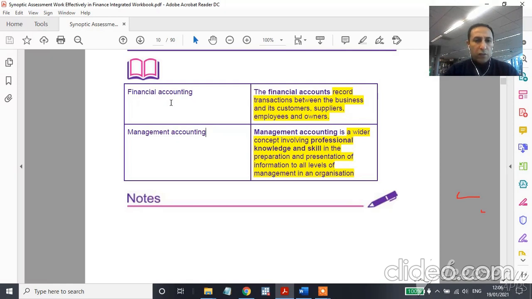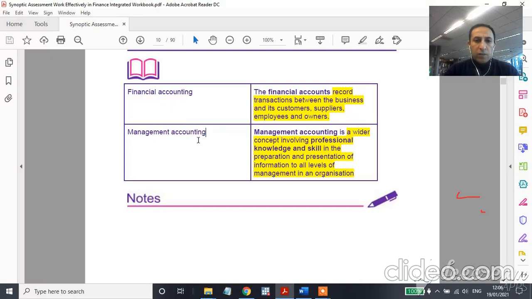Financial accounting is responsible for external matters. They prepare financial statements, including the statement of profit and loss and the statement of financial position, which is prepared on an annual basis.